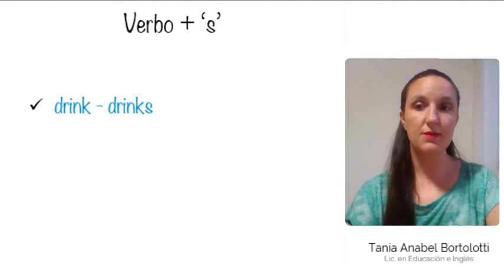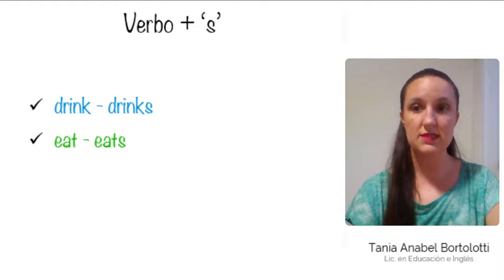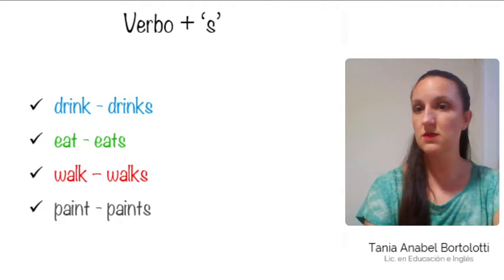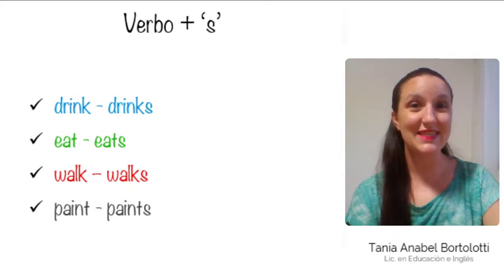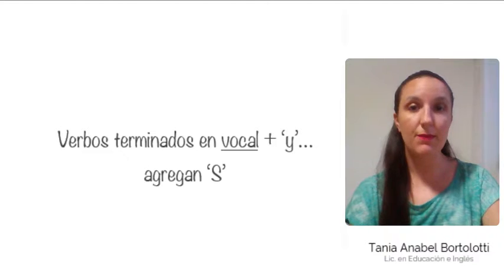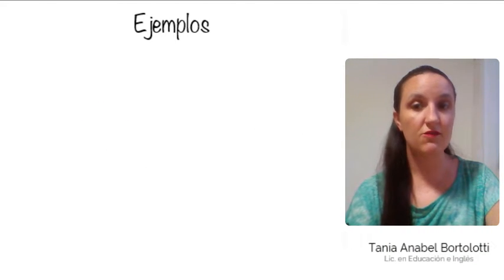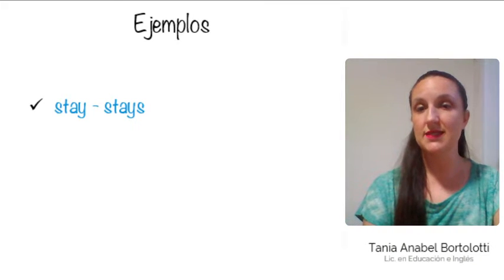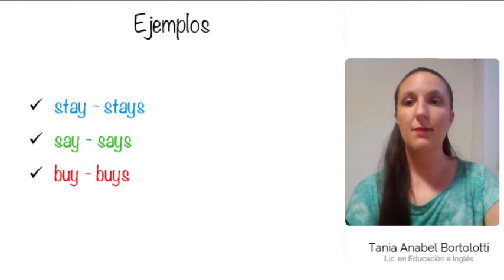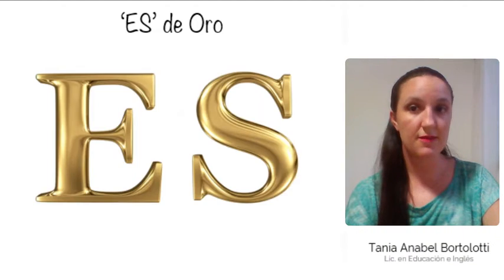For example, drink, drinks. We just added the S. Eat, eats. Walk, walks. Paint, paints. Verbs ending with a vowel plus Y, they add the letter S. For instance, stay, stays, say, says, buy, buys, enjoy, enjoys.